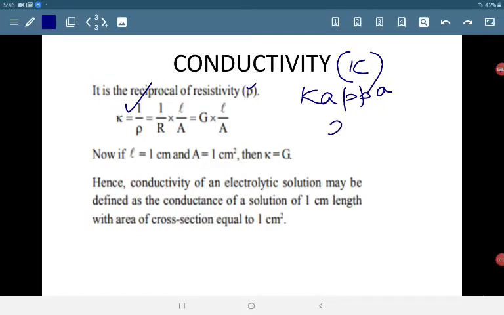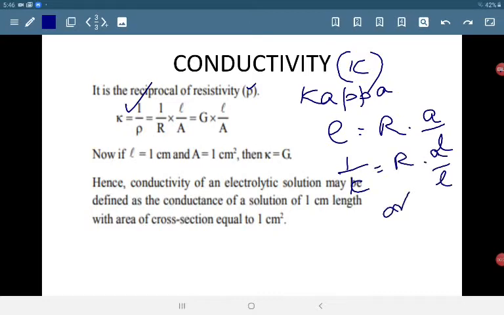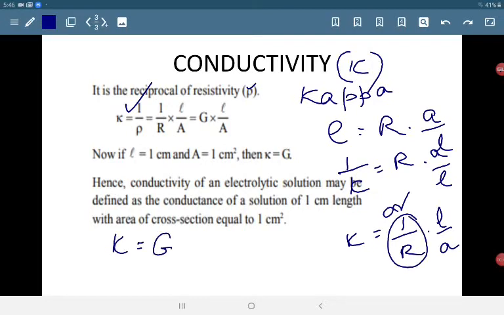We know that rho is equal to R into A upon L. So, 1 upon kappa is equal to R into A by L, or kappa is equal to 1 upon R into L upon A. 1 upon R is conductance.